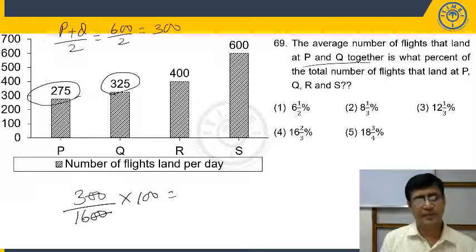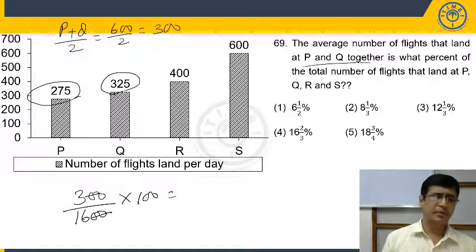Come on, simplify. If you want to simplify, simplify it, otherwise use the percentage calculations here. So 1 by 16, 1 by 16 means half of 1 by 8. 1 by 8 is equal to 12.5. Half of 12.5 is 6.25.